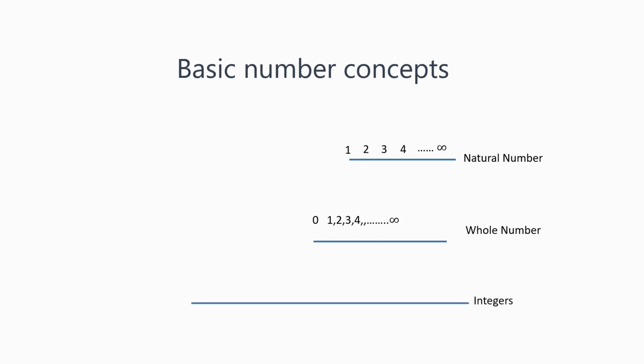Integers are all natural numbers, whole numbers, and negative numbers. So, integers include numbers like -3, -2, -1, 0, 1, 2, 3, and so on, continuing infinitely.